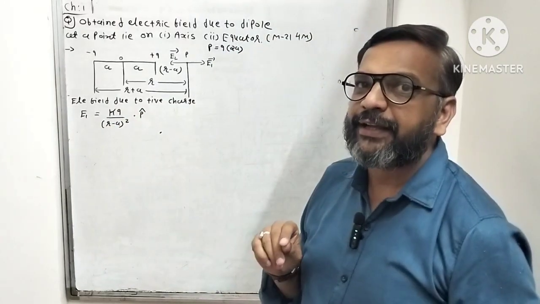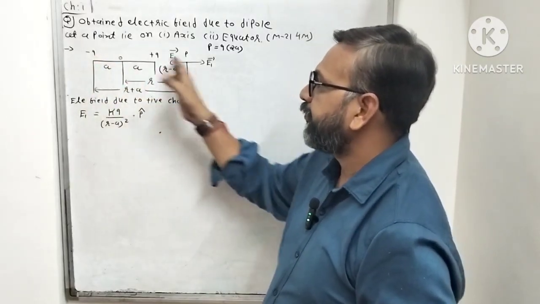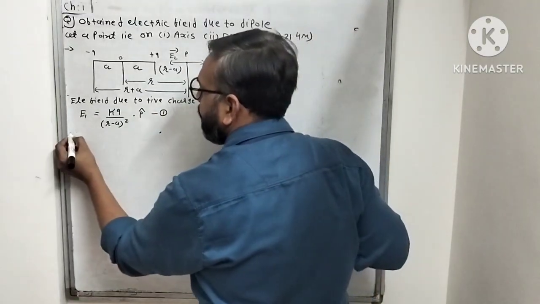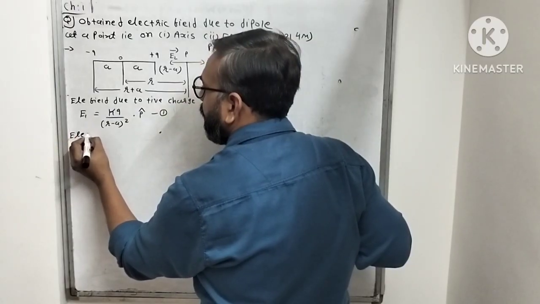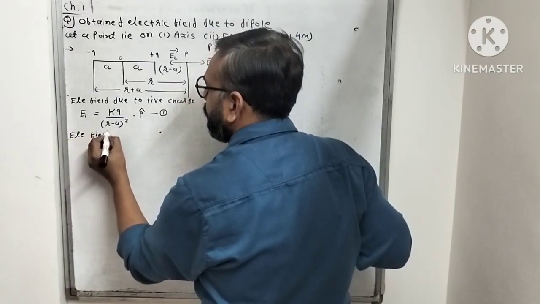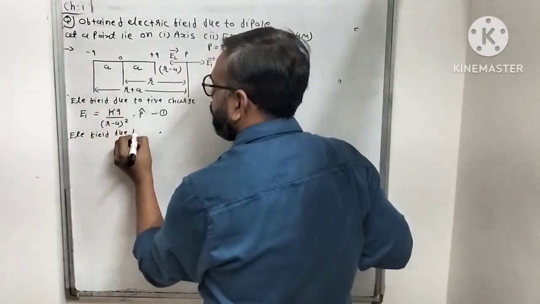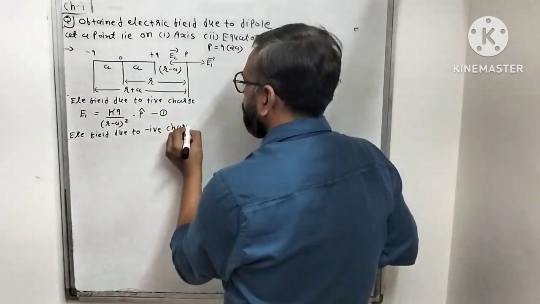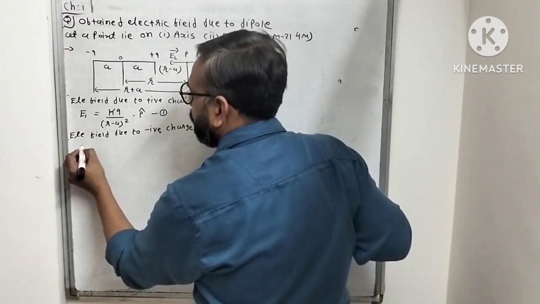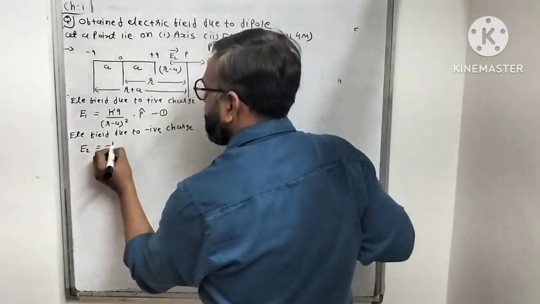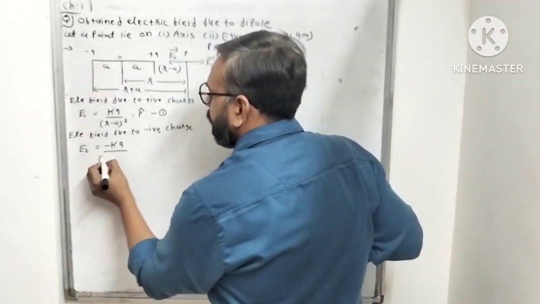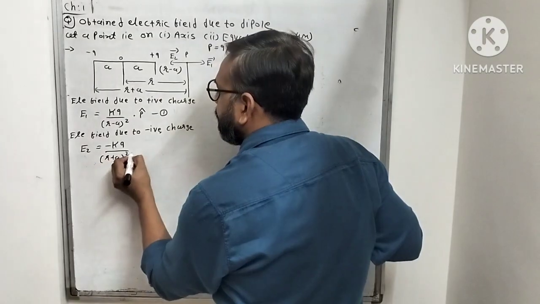P caret shows the direction of the electric dipole. This is equation number 1. Similarly, the electric field due to the negative charge, E2, equals minus KQ upon distance square.